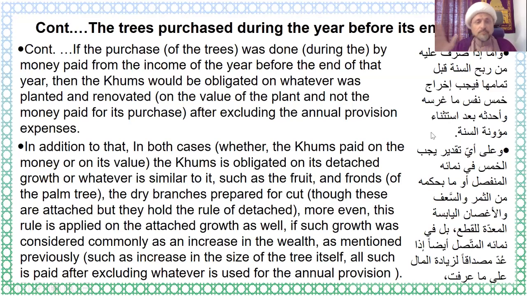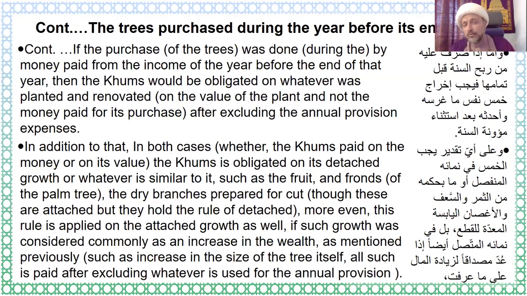After you have taken your provision of the year out, after you have paid the bills, water bill, farmer bill, this bill, that bill, whatever net is remaining, you have to pay the khums of it. If the net remaining is below whatever was spent, okay, then there's no khums.